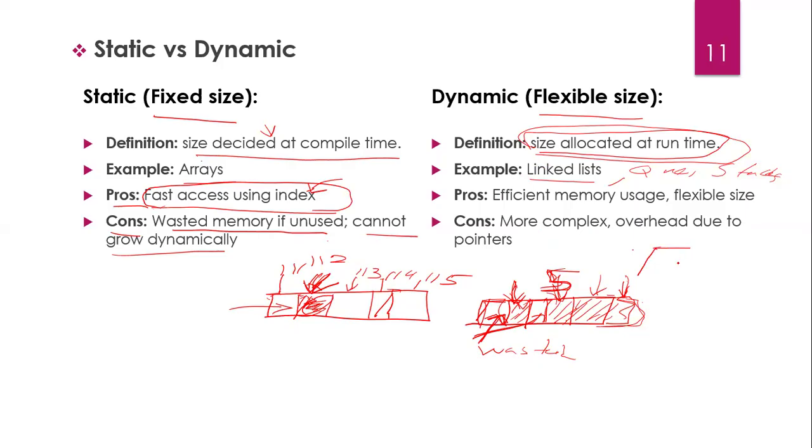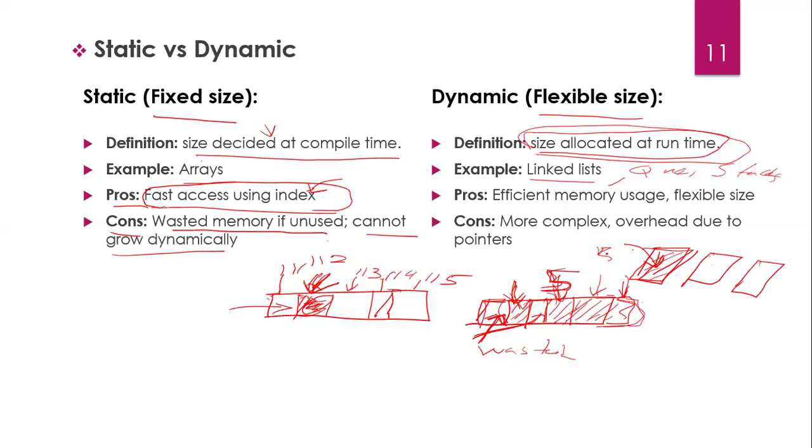If I have used this page, the first page, second page, and third page, and if I have written something, then only I have used this memory. Otherwise it can be used for another purpose.